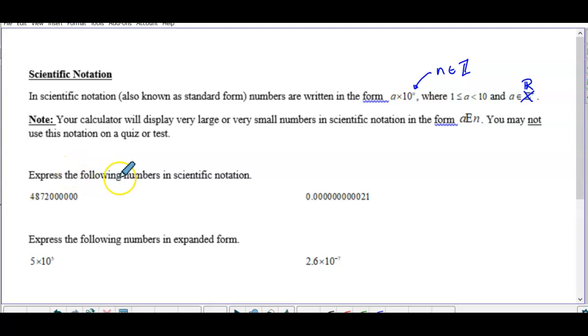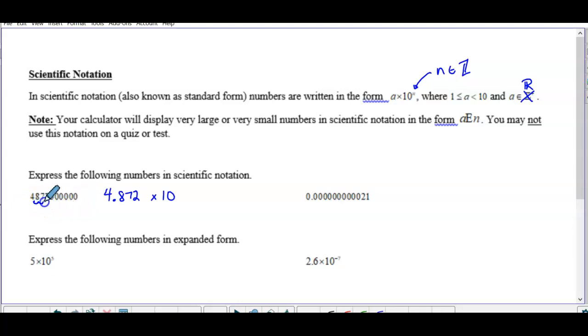Now it says express the following numbers in scientific notation. Our first number has to be between 1 and 10, or less than 10. So we always look to put the decimal to the right of the first non-zero digit. Going from the left, we've got a 4, so we put the decimal afterwards, copy every other non-zero number, and then think about what the exponent on 10 has to be to represent moving that decimal place from there to where it is here.